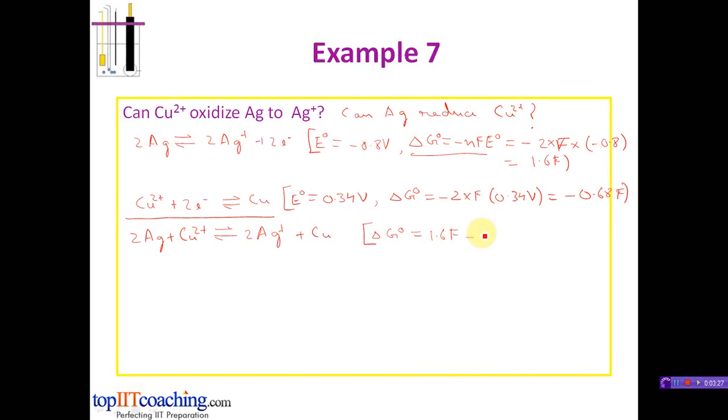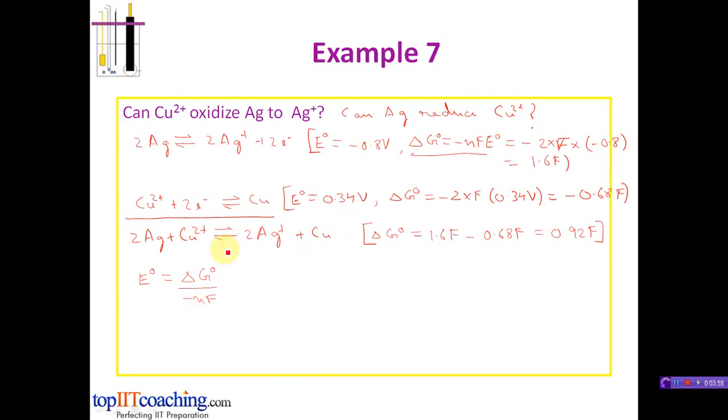So now for this overall reaction, delta G0 will be equal to 1.6 F minus 0.68 F, which will be equal to plus 0.92 Faraday. Since delta G0 value is positive, the reaction is not spontaneous. We can also find the EMF of the cell and prove that it is negative, so the reaction is not feasible.